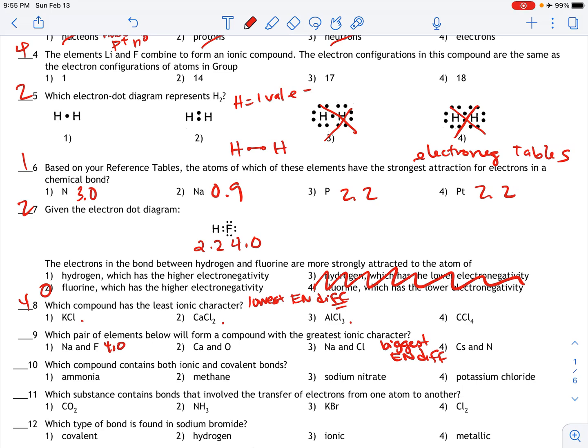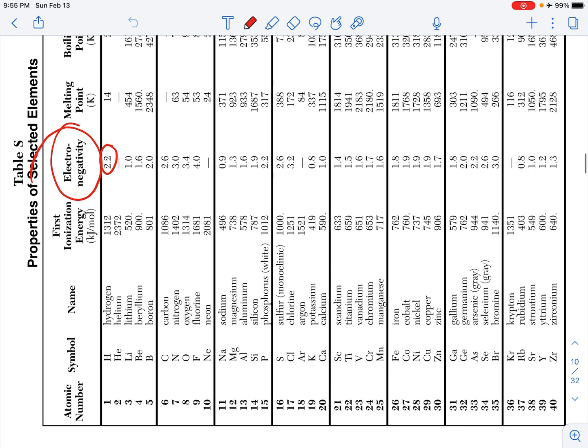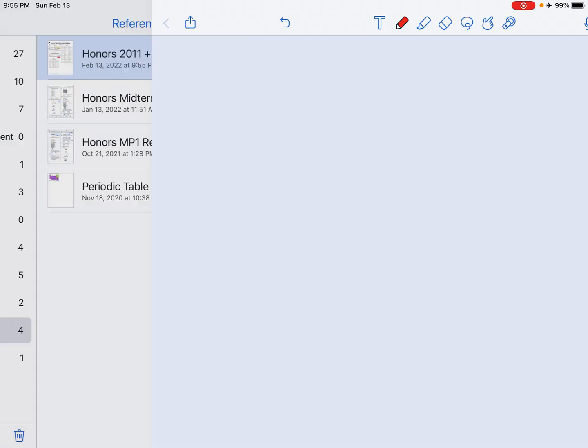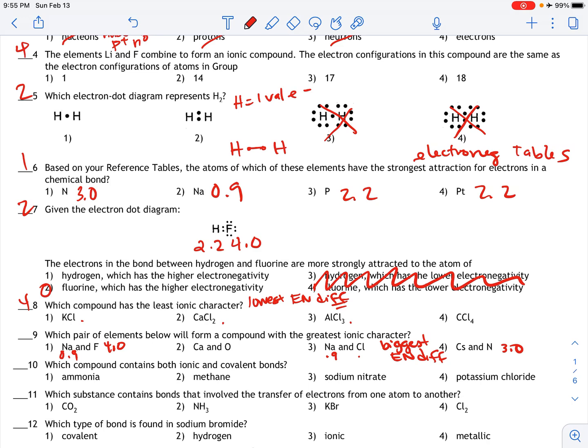Fluorine is 4.0. We just learned that N is 3. Na we learned earlier is 0.9. So we need O, Ca, and Cs. O is 3.0. Calcium is 1.0. Chlorine is 3 point something.